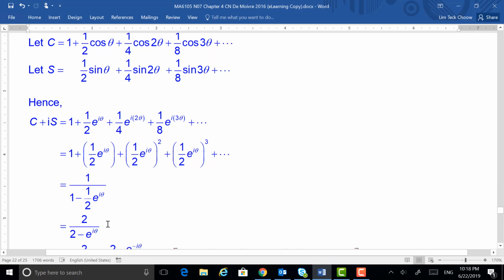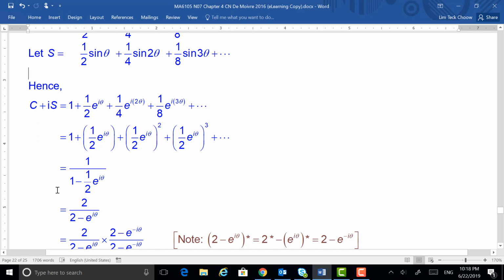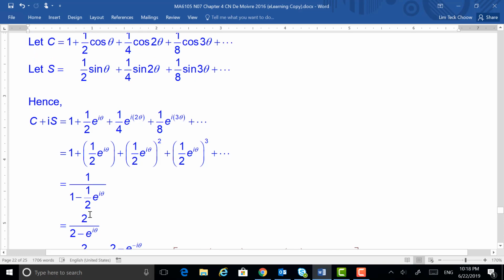Okay, one more step, tidying up first. So from here, we tidy up this one to become like this. It's just simple arithmetic. By adding up these two together, I have a denominator of 2, which I bring up here. So now our aim right now is to try to actually rationalize this expression.